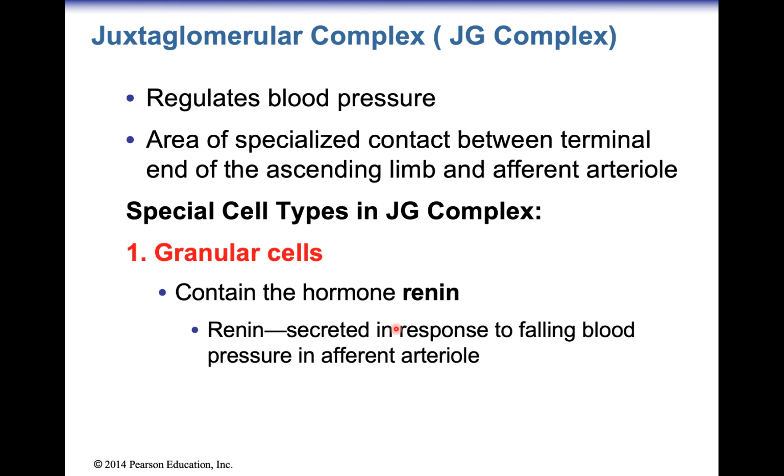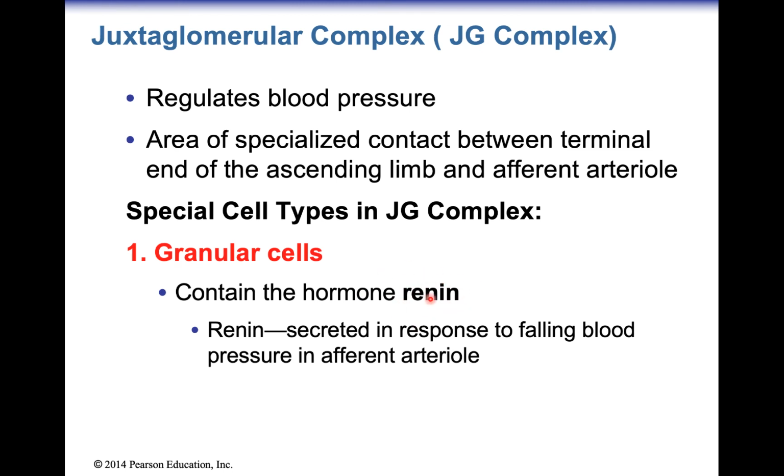A second big job is that granular cells, aka JG cells, secrete renin. If you could do me a favor, cross out the word hormone and replace it with the word enzyme. Renin is an enzyme, not a hormone. So the JG cells secrete renin, but not all the time.